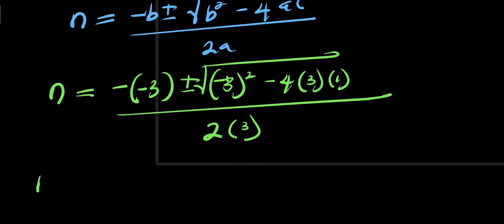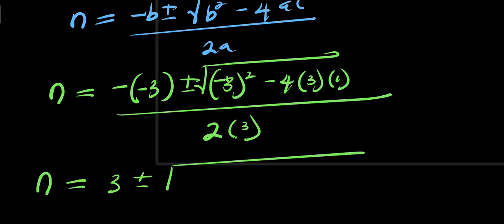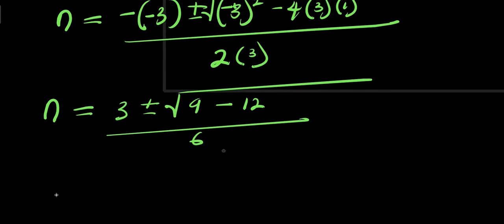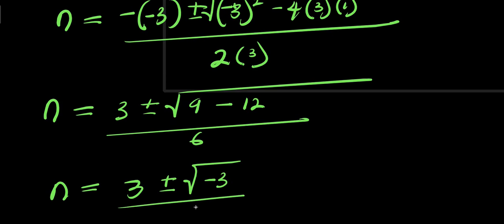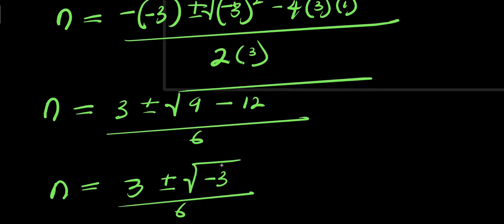So from here, I have n equals 3, plus or minus square root of, this will give me 9 minus 12, 4 times 3 is 12, divided by 6. So from here, I have n equals 3, plus or minus square root of negative 3, divided by 6.